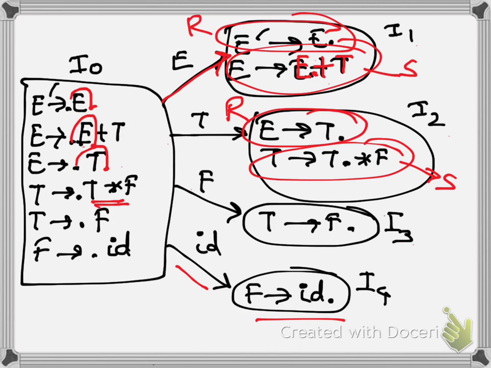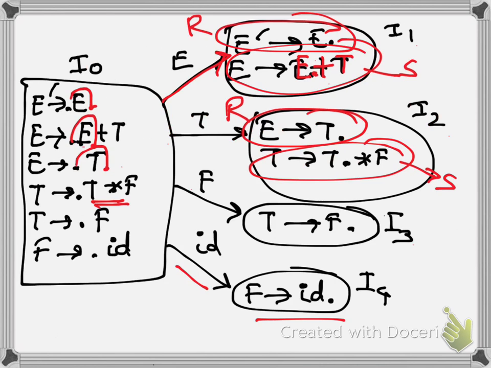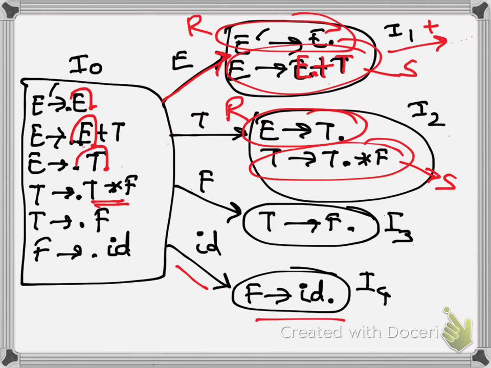We'll find what is in the follow here. On plus, we'll give shift to some state, we don't know where it is going to go. The shift move we will put on plus, because the next item is plus.